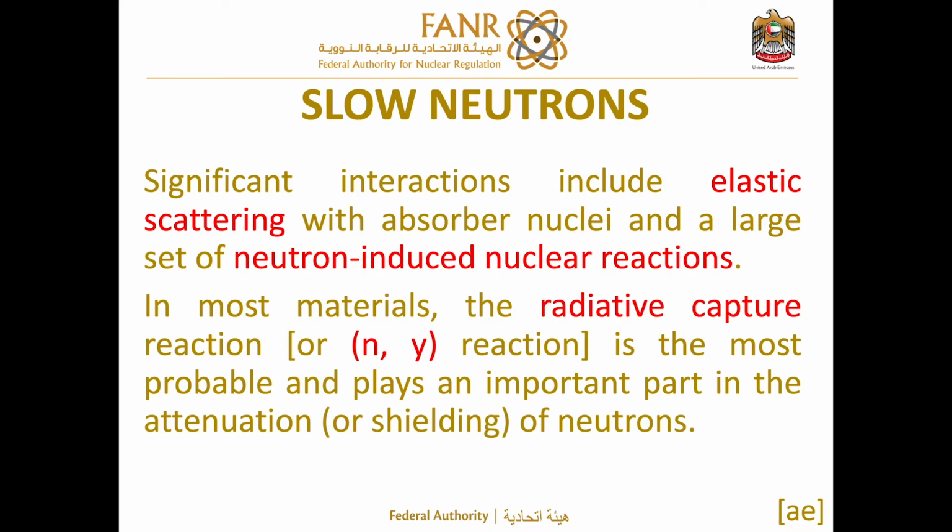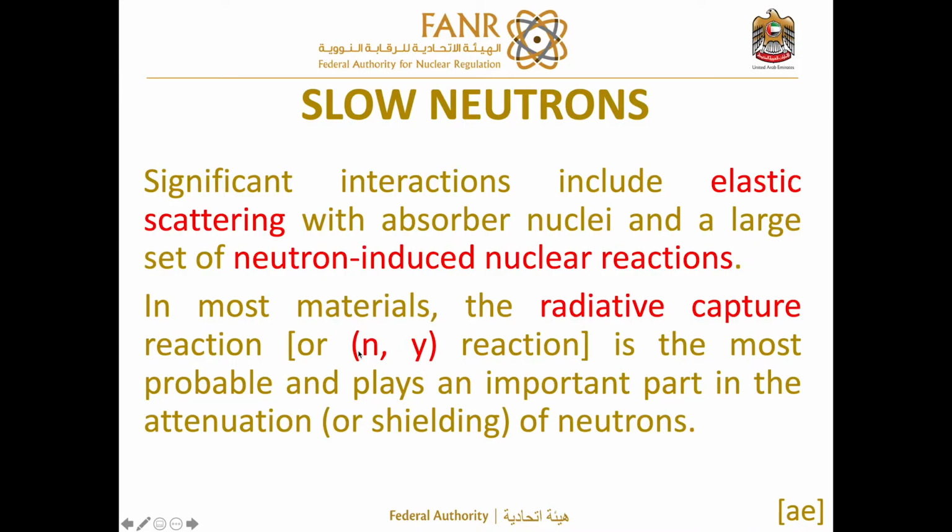So, when a slow neutron interacts with materials, it can generate a range of nuclear reactions, but certainly one of the most important is the capture of the neutron itself, normally indicated in this notation by n gamma, accompanied by the emission of a gamma ray, a capture gamma ray.